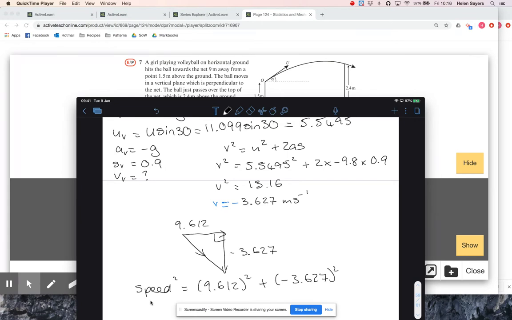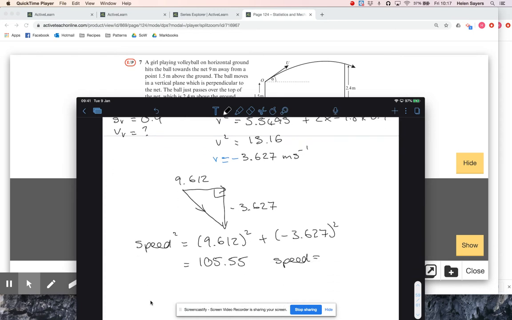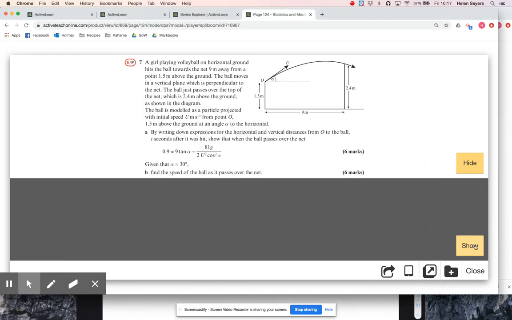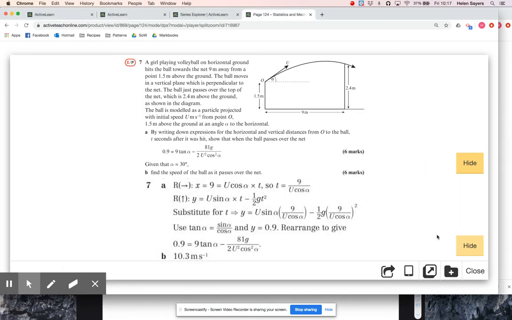This is why the negative actually wouldn't affect my final answer. I'm getting 105.55, which if I square root gives me a speed of 10.3. Okay, so let's keep our fingers crossed and check that answer. Fantastic.